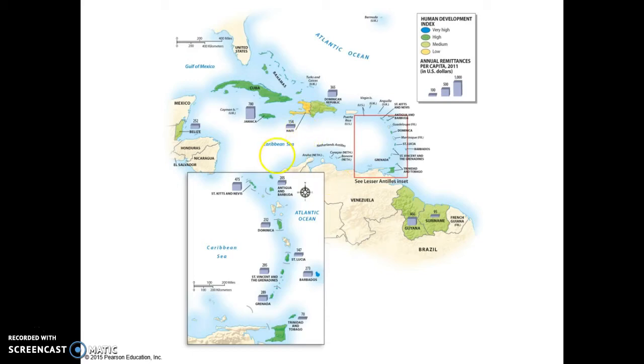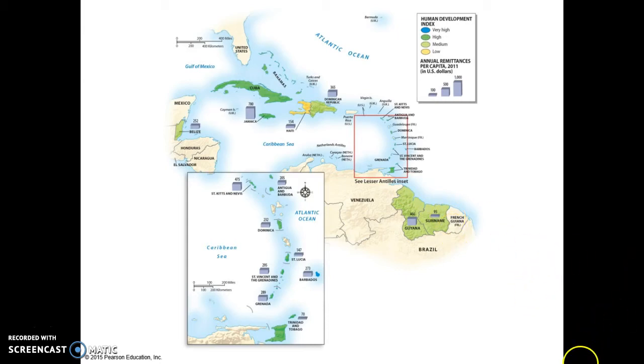necessities of life. Well, we see that Cuba does pretty well, has a high Human Development Index. So does Jamaica, whereas Haiti has a low Human Development Index. Haiti is actually the poorest country in Latin America. And then some other countries like Belize and Dominican Republic have a medium Human Development Index.